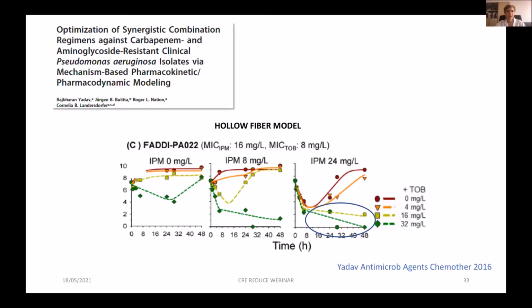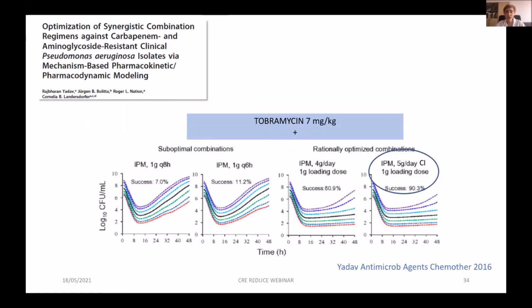And as you can see here, in very difficult to treat carbapenem and aminoglycoside resistant strains of Pseudomonas aeruginosa, the use of quite high concentrations of imipenem associated with tobramycin could ensure efficacy and also prevent emergence of resistance, which is a main issue in these strains.